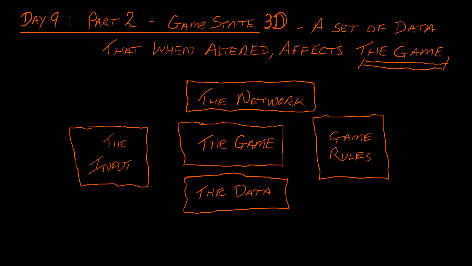So lines of communication are game to network, data to game, game to game rules, obviously. Do the game rules ever go to the network?